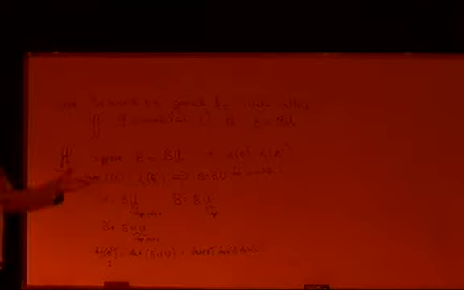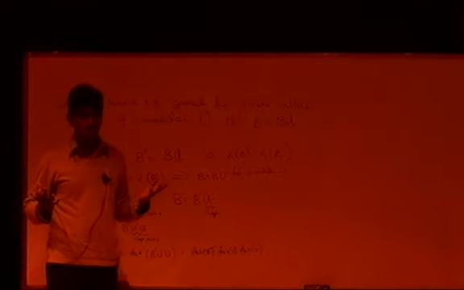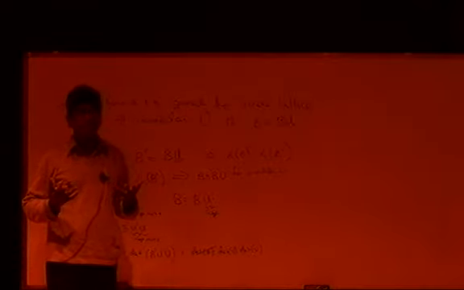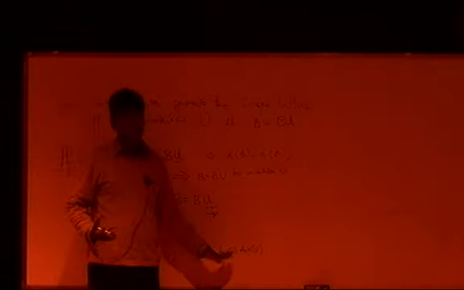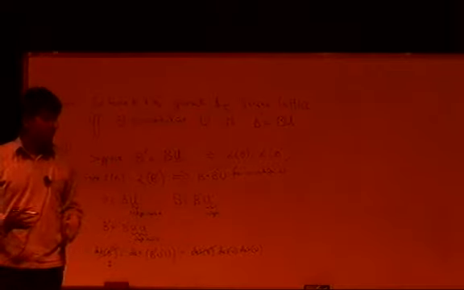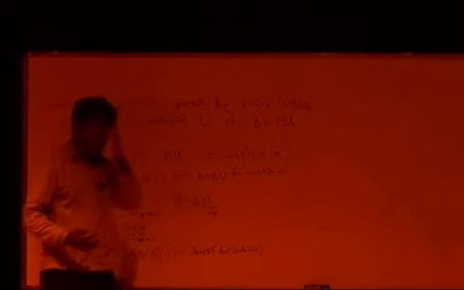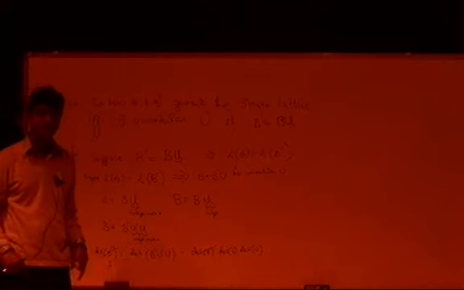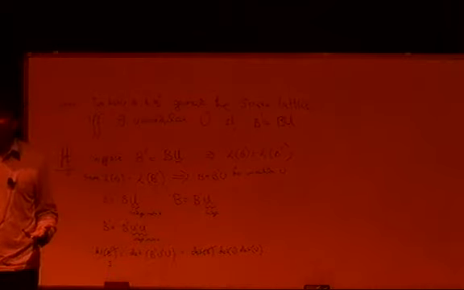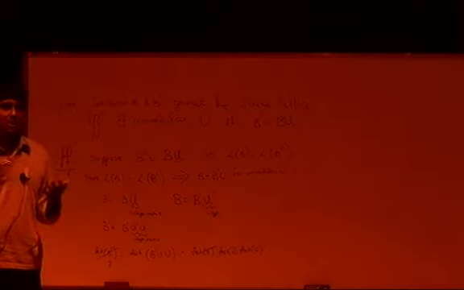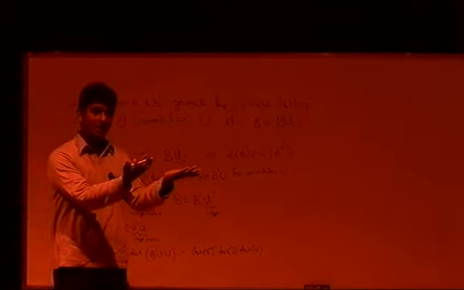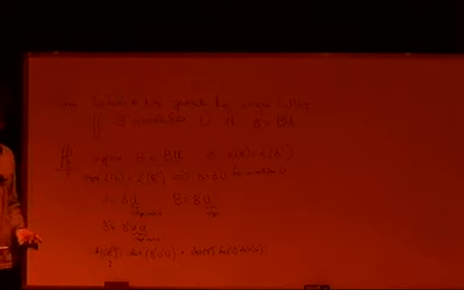Now what is the determinant of U? U is an integer matrix, so its determinant has to be an integer, and the same is the case with U prime. So you have two integers whose product is 1. What can these integers be? If you have two integers whose product is 1, then both integers are plus 1 or both are minus 1.